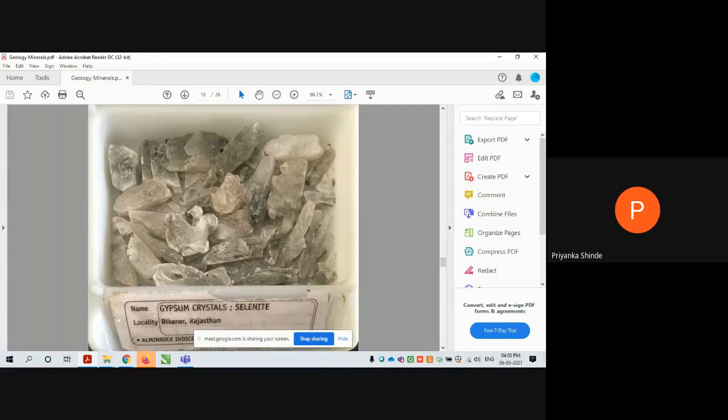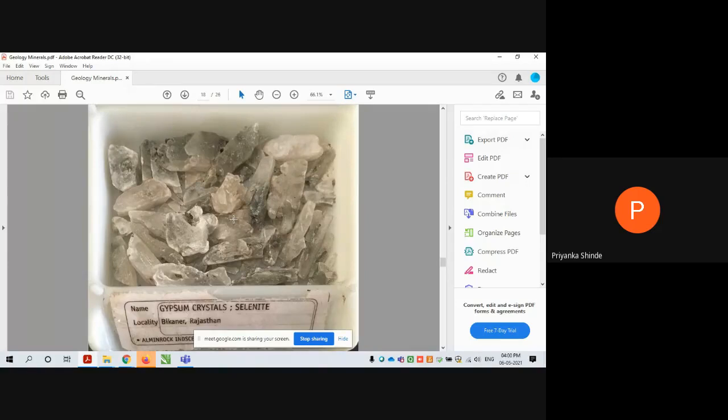So it has one set of cleavage. You can see it is breaking flat in one direction. If you observe carefully, it will break in one particular direction. So it has basal cleavage or one set of cleavage, you can write. These are the gypsum crystals that we have.